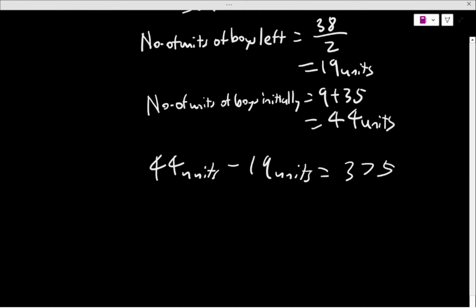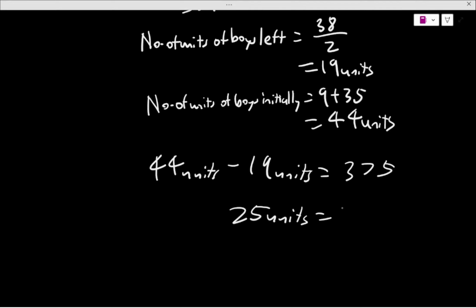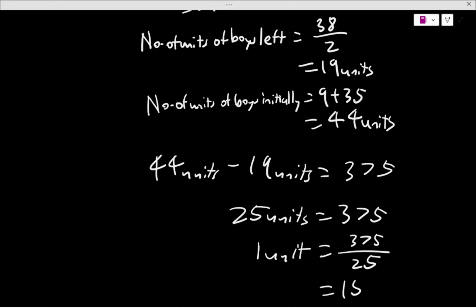What does this mean? Well, it means that 25 units is 375. So 1 unit is going to be 375 divided by 25, that is equal to 15.